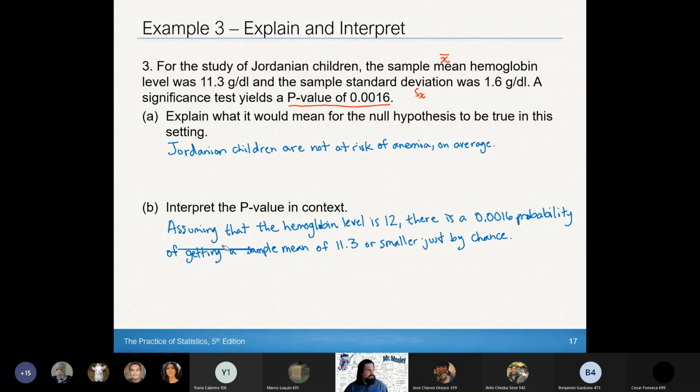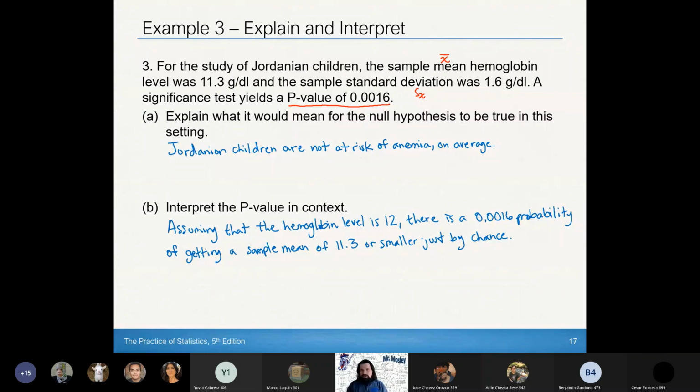And that's what our p-value means in this context. Right? There's a very small chance of getting that value just by chance, if our null hypothesis is true.